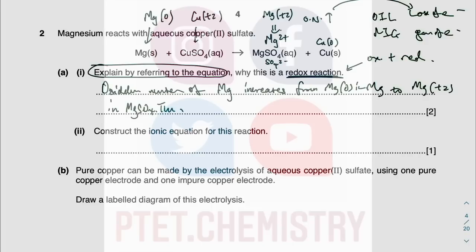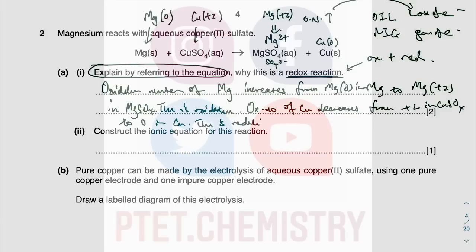This is oxidation. The oxidation number of copper decreases from plus 2 in CuSO4 to 0 in copper. This is reduction. So I've shown both steps there.